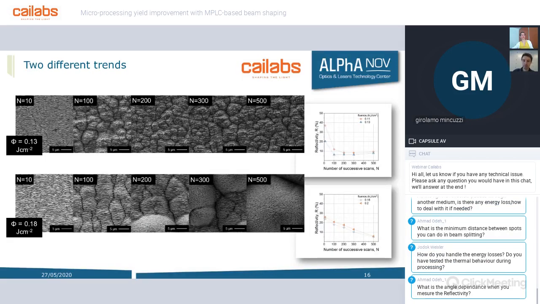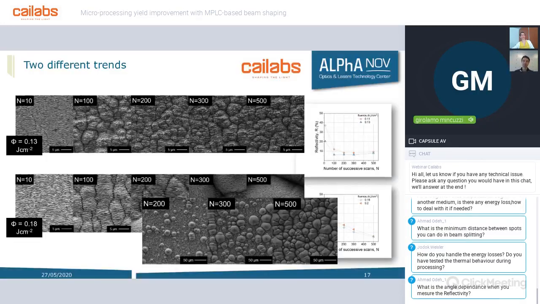For the second case, we observe that by increasing the number of scans, at 300 and 500 scans we obtain huge spikes with a size of nearly some tens of microns. Here you can have a more detailed view. In the last case, 500 passes, the reflectivity is a little bit higher than 5%, and we want a value lower than 5%.